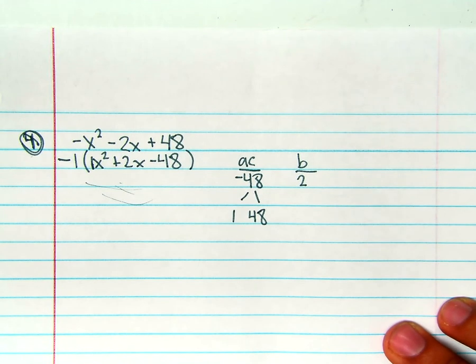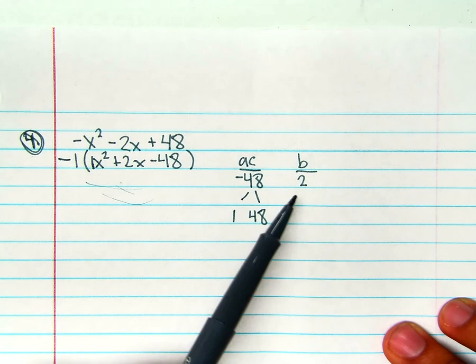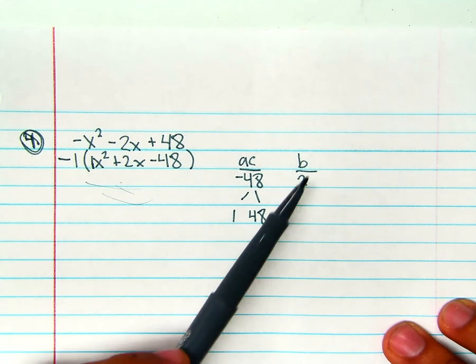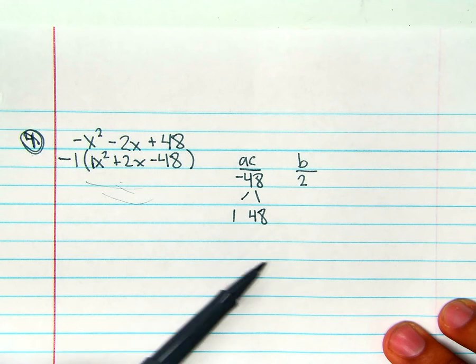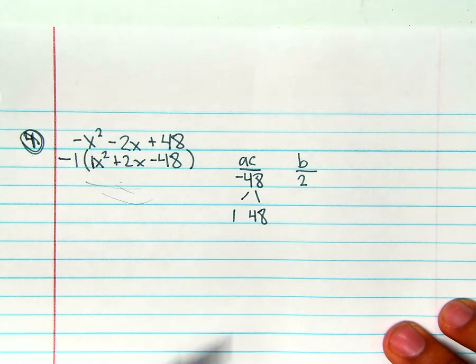Okay, so I'm going to give you guys a little hint. Anytime our b is small, we want to find the two factors that are closest to each other. Does that make sense? So we want to find the two factors of 48 that are going to be the closest to each other.